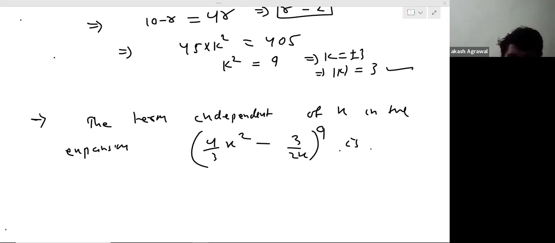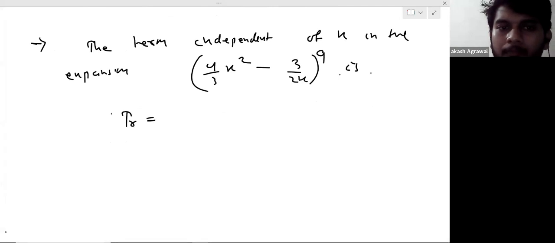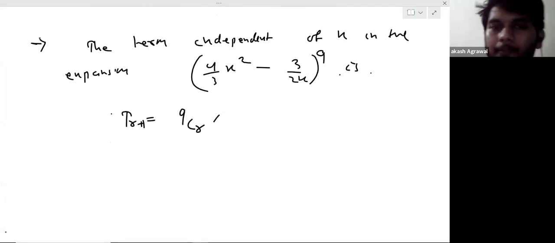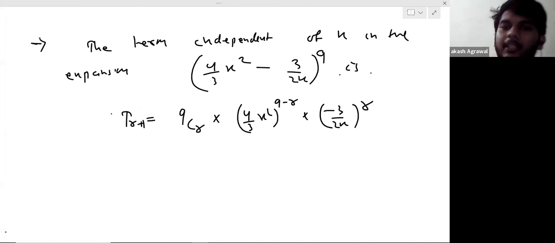Done, Shahid? Not able to solve? Okay, what is the general term? 9CR, (4 over 3x square) raised to 9 minus r, (minus 3 by 2x) raised to r. We will not care about the constants 4, 3, minus 3, 9CR. Just take the powers of x.